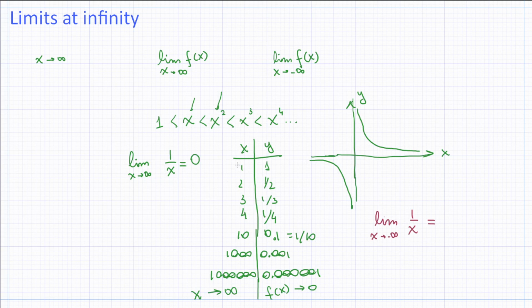We would have negative here, negative here, negative here. It would be exactly the same table, but with negative values instead. So we would be approaching 0, but from negative values. But it's also 0, so our limit is also 0. So if we go towards negative infinity or towards positive infinity, this is going towards 0. The height of this function is going towards 0.